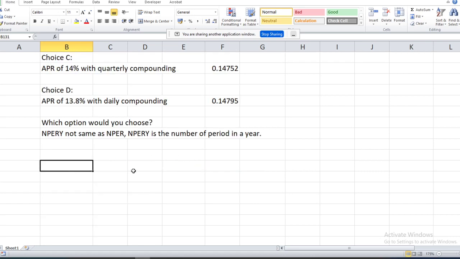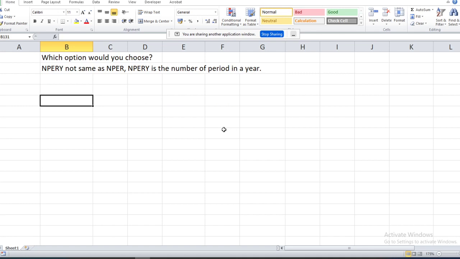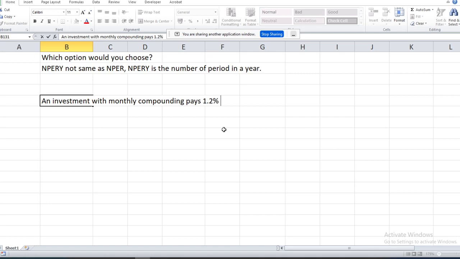And let's have a look at another example so that we learn how to calculate APR using Excel formulas. An investment with monthly compounding pays, let's say, 1.2% per month. How much is APR?